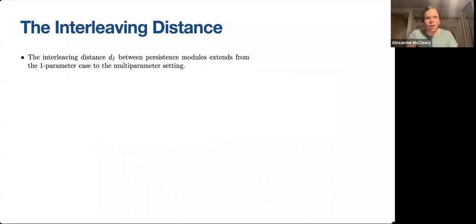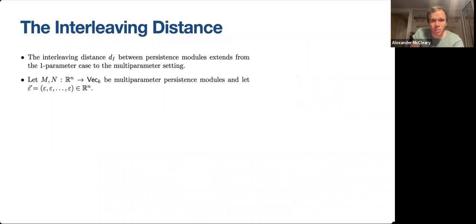Okay, so with 1-parameter persistence, we had this notion of metric between persistence modules, which was called the interleaving distance. And we're going to have the same thing here. We can define the interleaving distance between multi-parameter persistence modules now, and it's roughly the same definition.